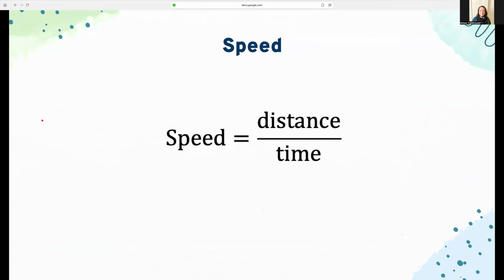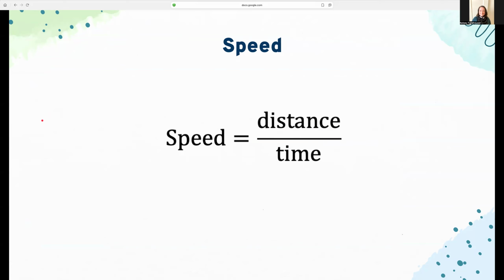I did introduce the idea of speed already a little bit with the simple motion thing, but officially, speed is the distance an object travels divided by the time it takes to travel. And remember how we're thinking about equations: we are thinking about what it tells us about the relationships between these variables.